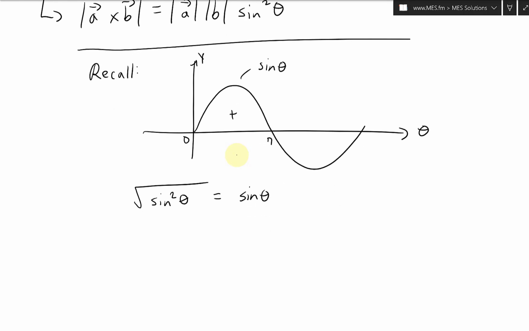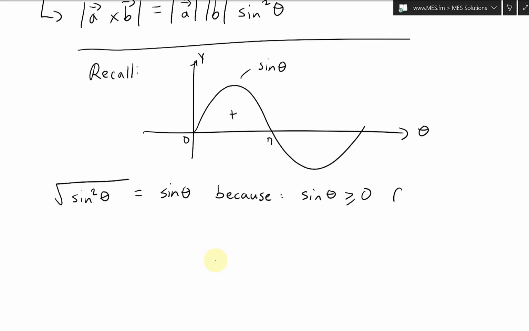So the square root of sine squared is sine because sine theta is greater than or equal to 0 for theta between 0 and pi, or 180 degrees.